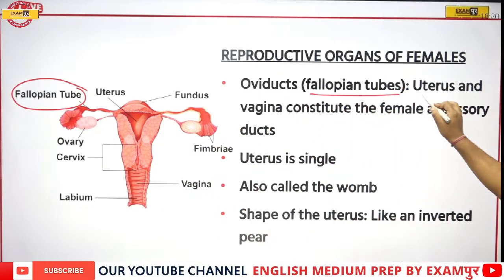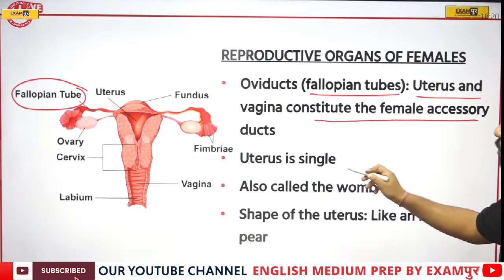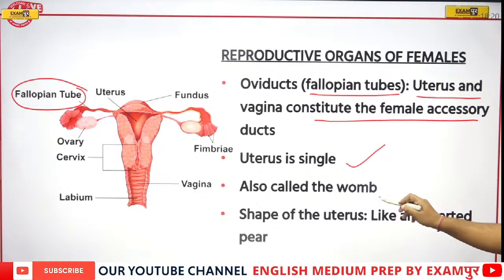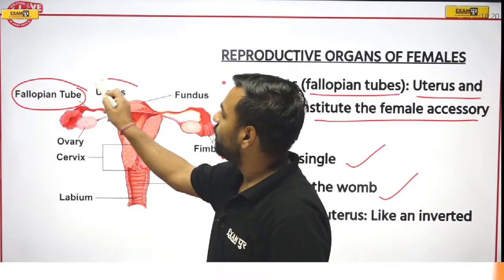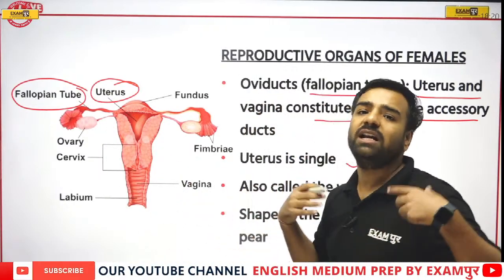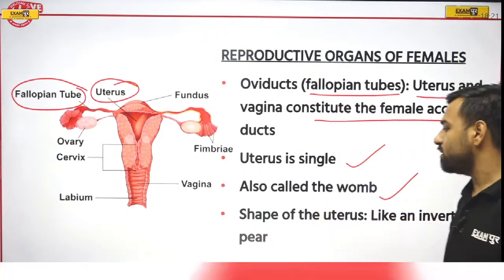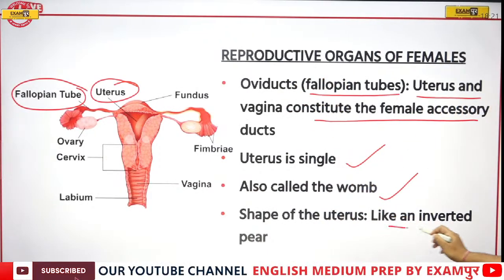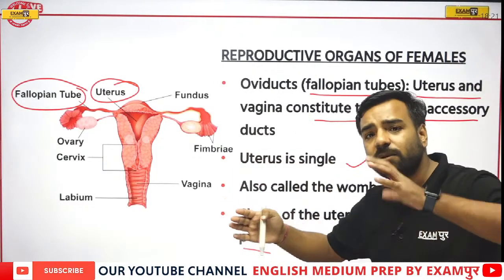We say that uterus and vagina constitute the female accessory ducts. The uterus is single, also known as womb, and it is the location where the development of the baby takes place. We all have come from the uterus or womb. The shape of the uterus is like an inverted pear.